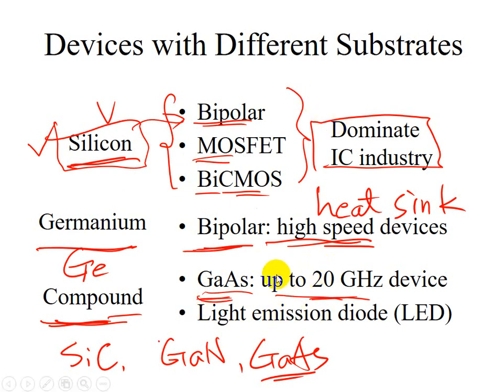Its atomic configuration, the electron configuration, has a very special phenomenon that can create a light emitting diode with red light. It can emit red electromagnetic radiation, red LED. So when you're using compound semiconductor, you're actually looking at the very special property of the material itself.